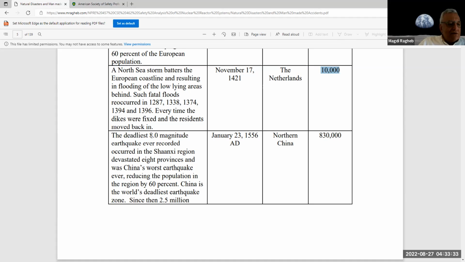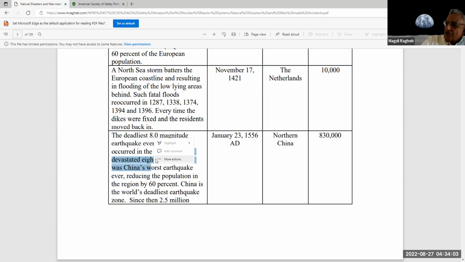The deadliest 8.0 magnitude, we'll see that magnitude is the magnitude of the signal that we get on a seismograph, but there are different magnitudes, like the Richter scale that you heard about, that we need to define. Basically, the deadliest 8 magnitude earthquake happened in China. And we'll see later that China is prone to huge destruction from earthquakes as well as flooding.